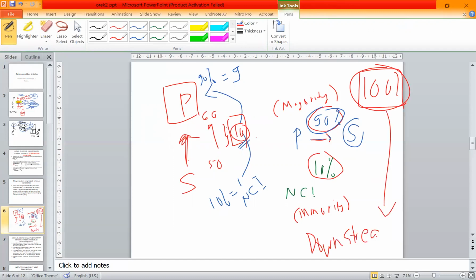Because P owns S 100%, when S generates profit, P can realize the whole amount as belonging to P. So when it is upstream sales, please be careful about the ownership percentage.